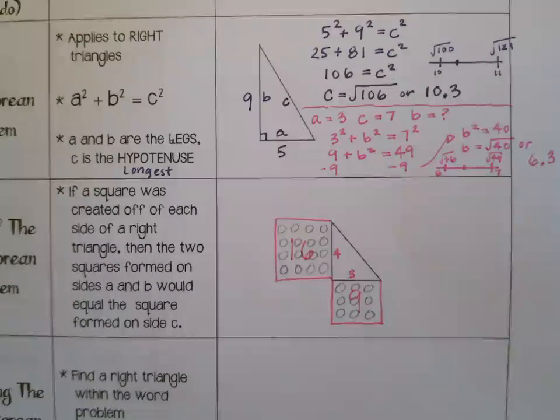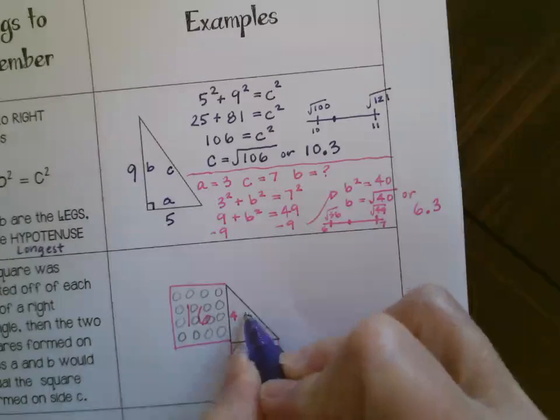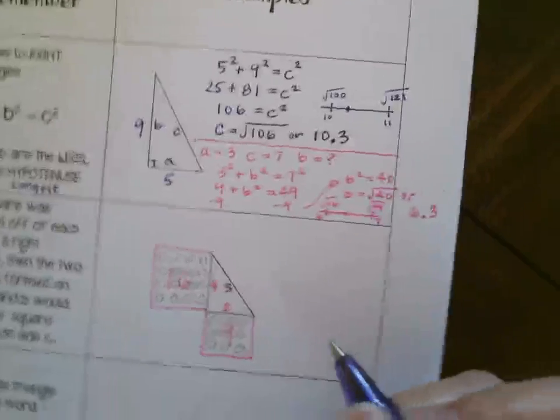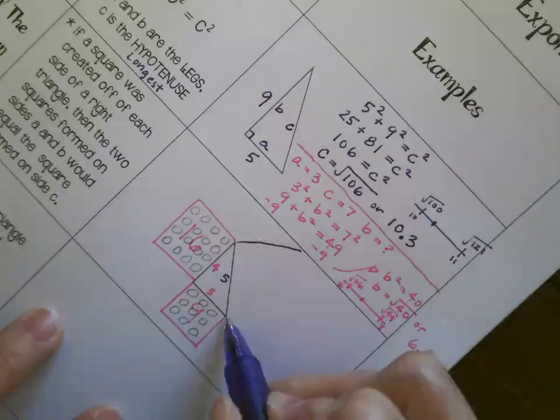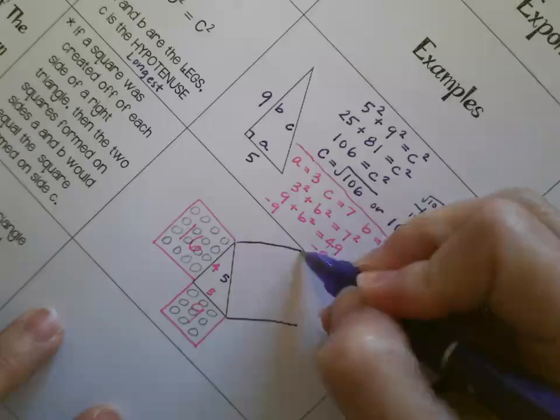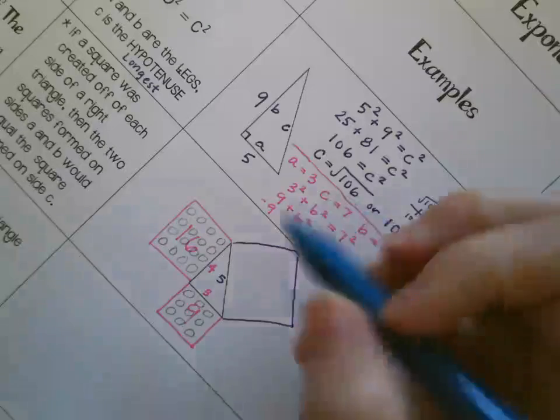All right, well, we have one more side. So I'm going to go over here, and let's say this side is 5. So if I make a square, which I can't make a square when it looks crooked to me, so I'm going to have to go like this. Oh my gosh, that's terrible, but we'll just pretend.